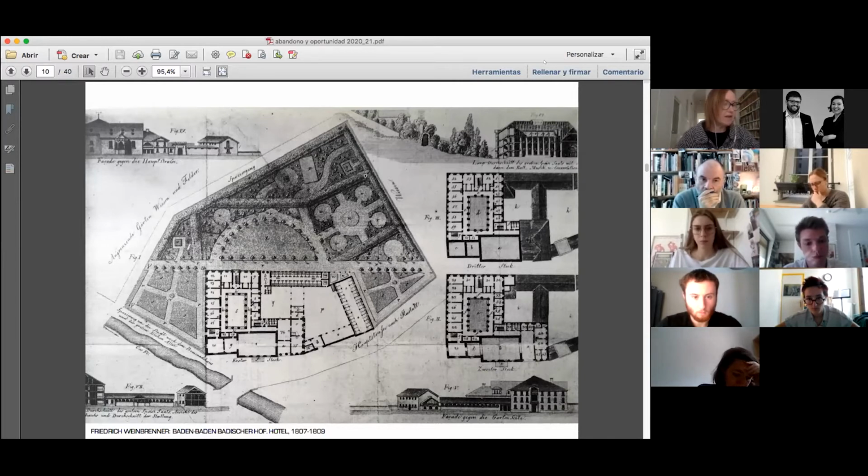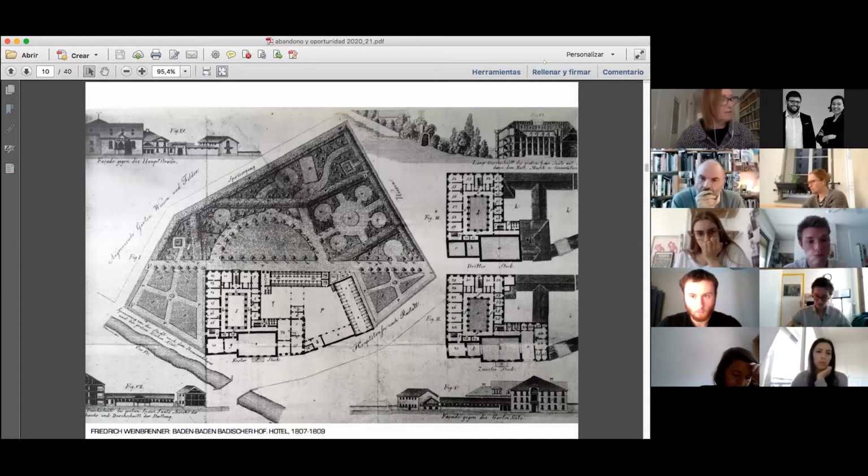If we analyze them, we notice that one of the keys to keeping them has been the choice of a type of activities that have fitted well with the characteristics of the spaces. The new uses, therefore, have been adapted to the existing architectures.